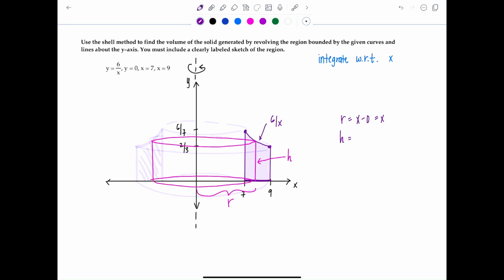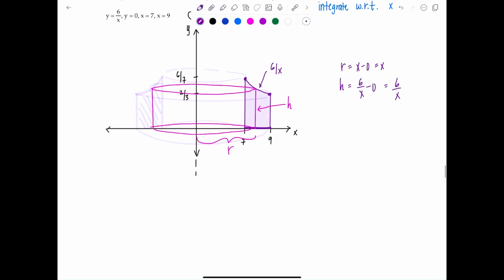So just 6 over x. I'm going to put the minus 0 though. That way you just remember to always think top minus bottom or right minus left. Just get in that habit. And then the limits of integration for the original region in terms of x are 7 to 9.